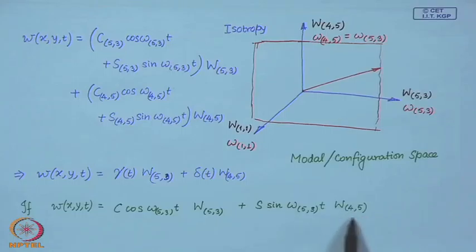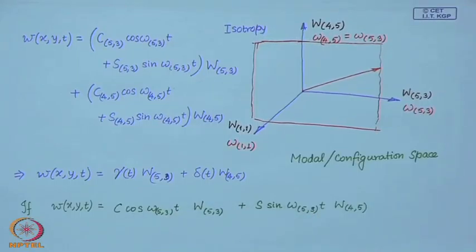So, you will see the number of nodal lines corresponding to W 4 5. So, it is going to continuously make transitions from W 5 3 to 4 5 and back. But this is a modal solution. So, you will actually see changing profile of the membrane.